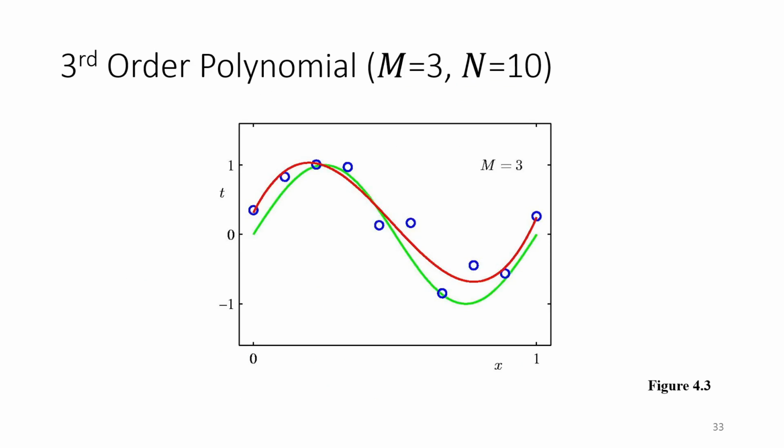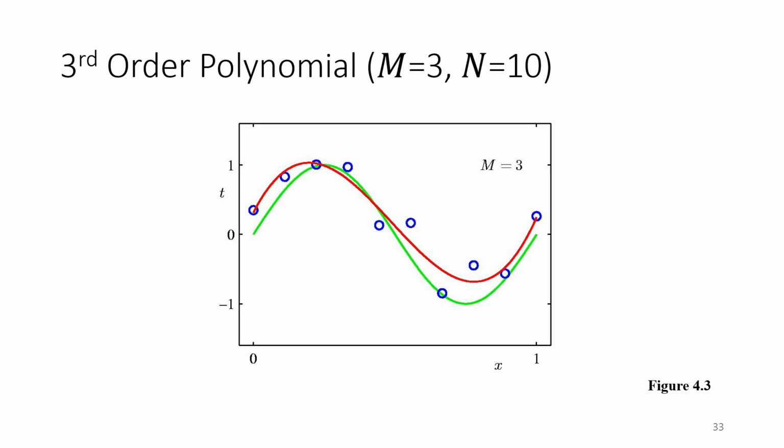The red curve is a Y curve based on a set of observed data. The observed data is the 10 blue points. If we use another D, meaning another set of observed data, we will generate another Y curve. So for different data points, we will have different Y curves.